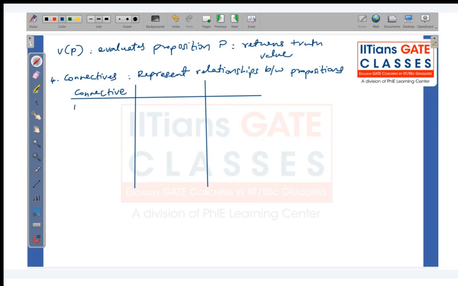Yes. Negation, then conjunction, disjunction, and conditional and biconditional.